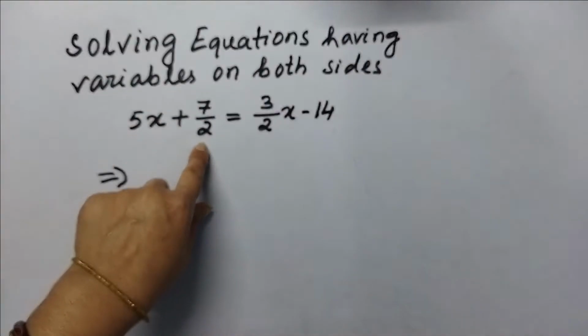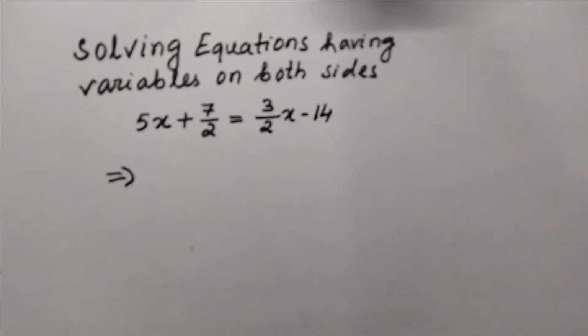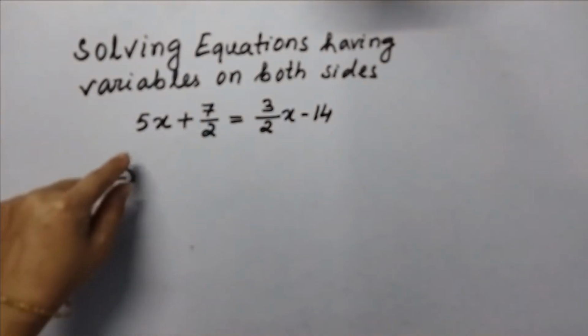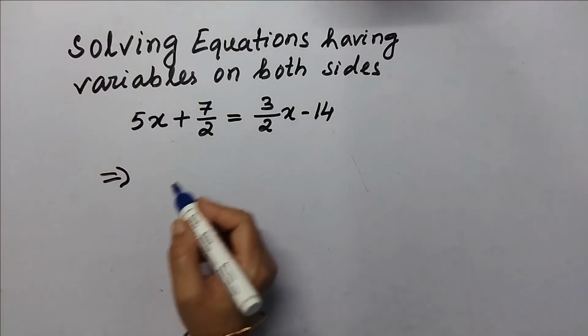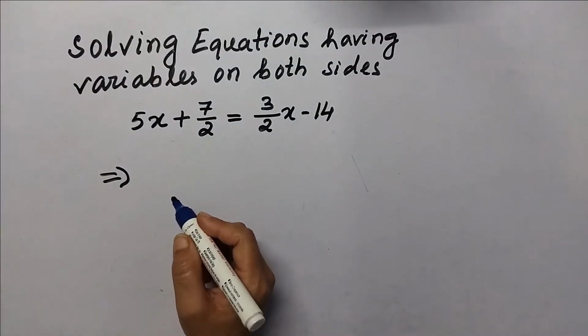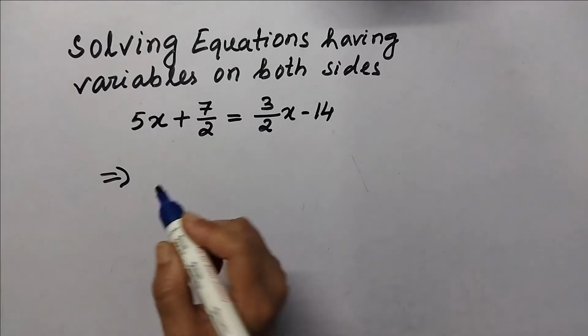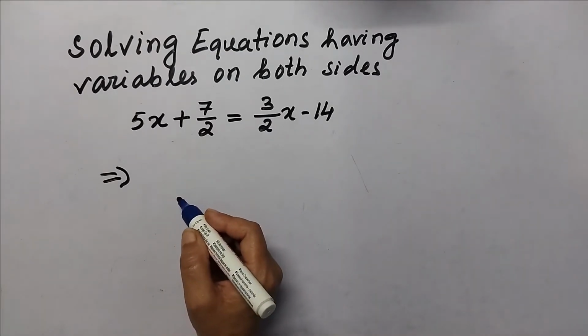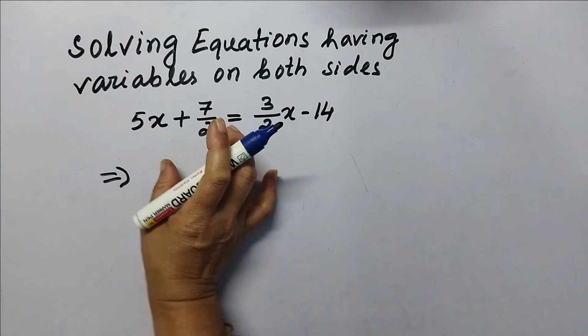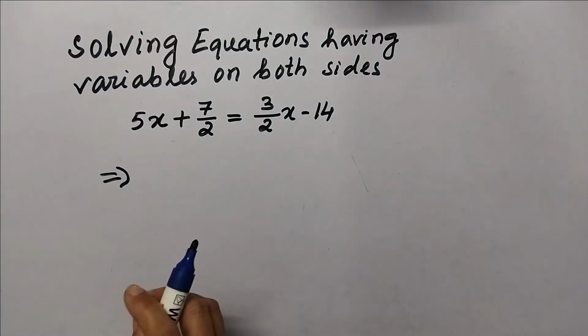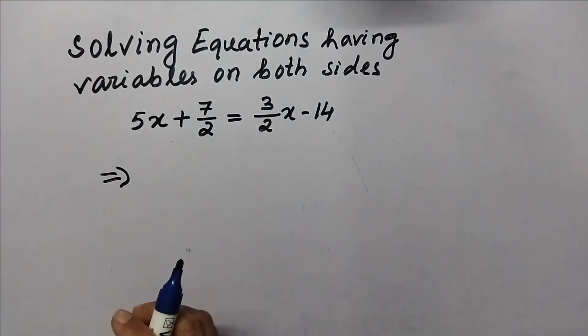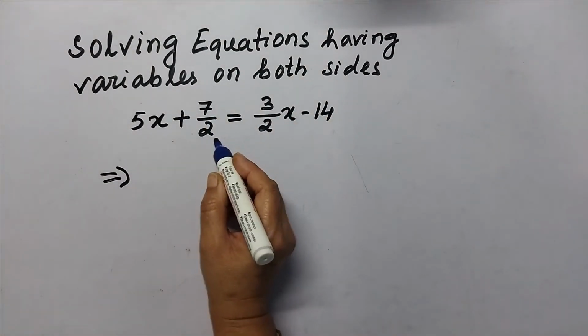To reduce these 2s, let us multiply by 2 on each side. We know the balancing method: we can multiply, add, or divide the same number on both sides. So let us multiply 2 on both sides.